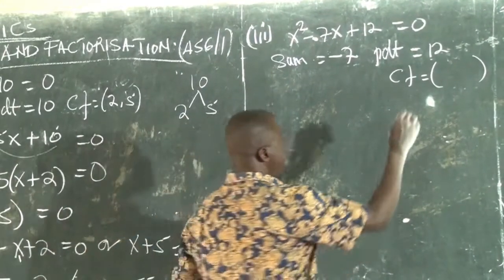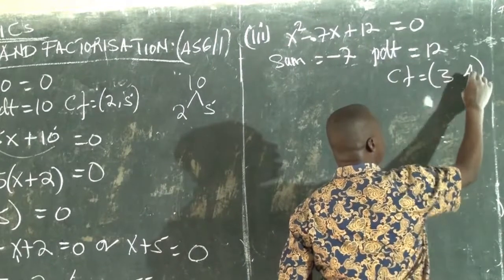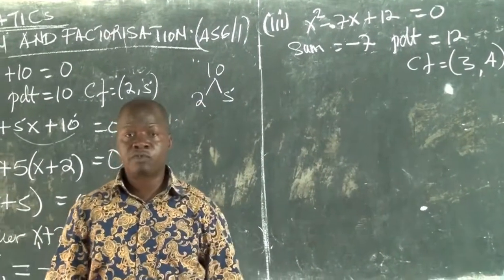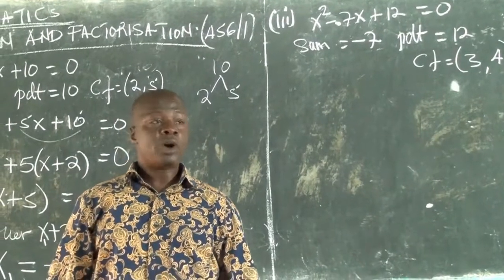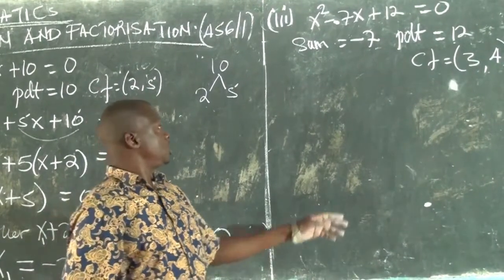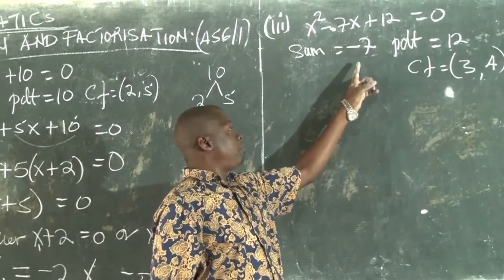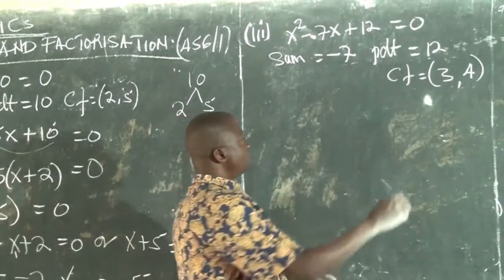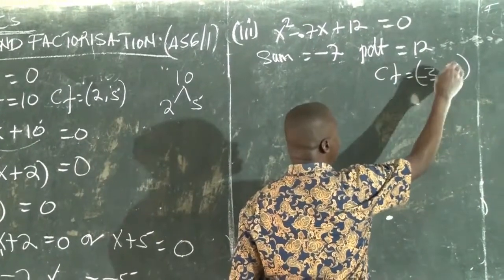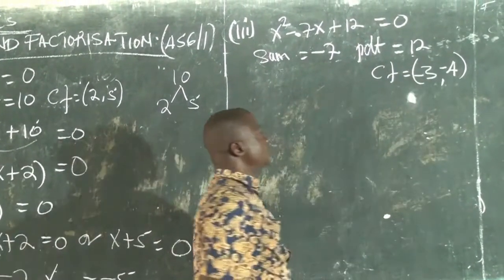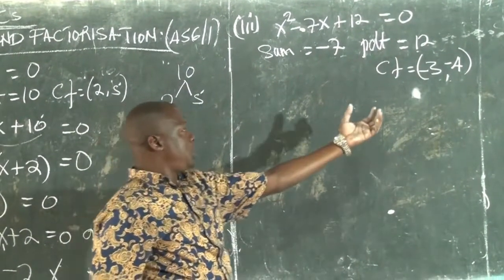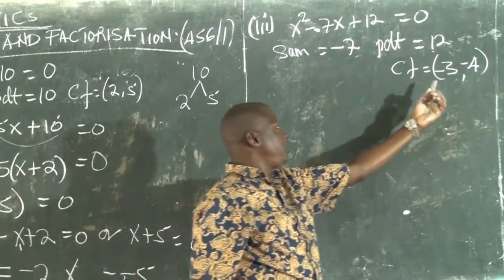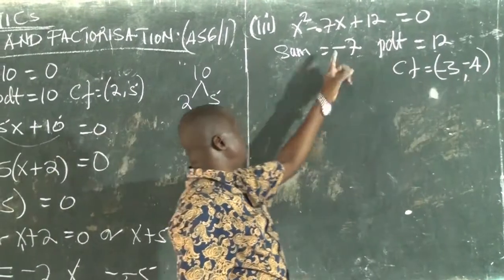But if you hear 3 and 4, it can help us. 3 and 4 gives the positive 12. When you add, it gives the positive 7. But here we have negative. So let us modify. We shall say negative 3, negative 4. When you multiply this, it gives you positive 12. You add negative 3 plus negative 4, negative 7.